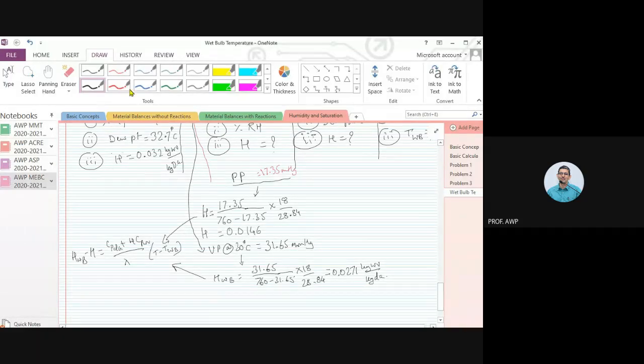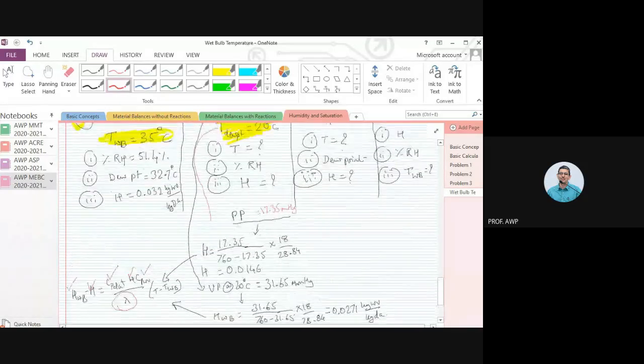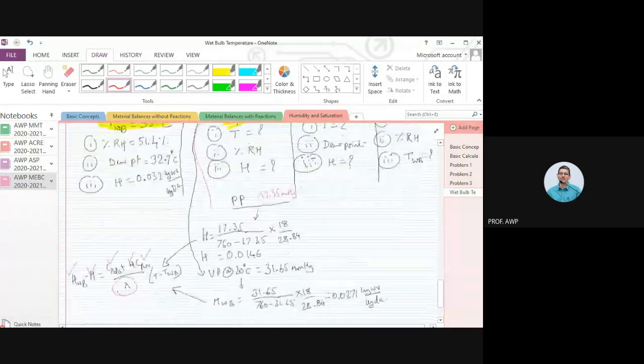So now we know everything: the wet bulb humidity, the humidity of the air, Cp air, humidity, Cp water vapor. Lambda is something that we don't know, or do we know? Lambda is based on the wet bulb temperature, which is known.